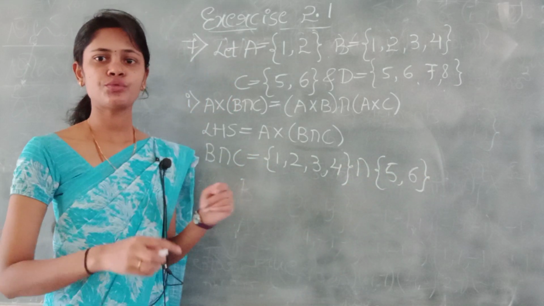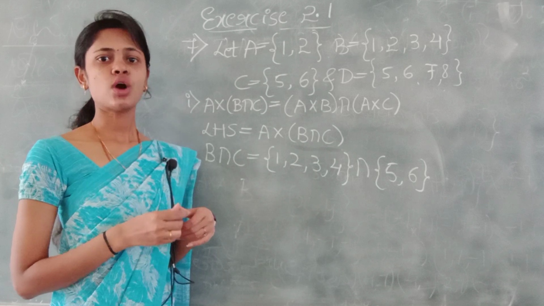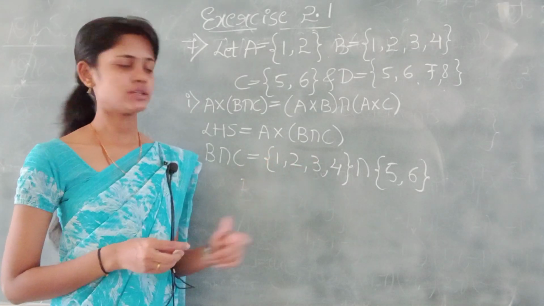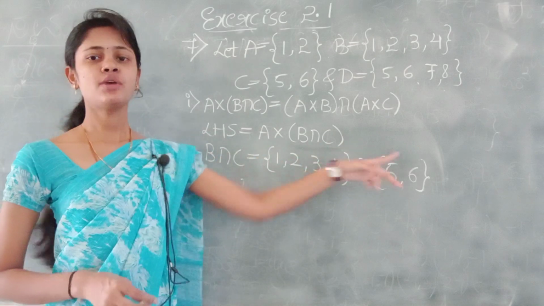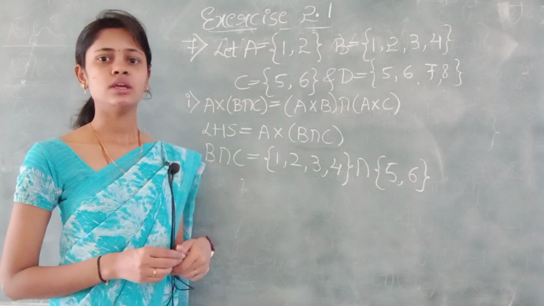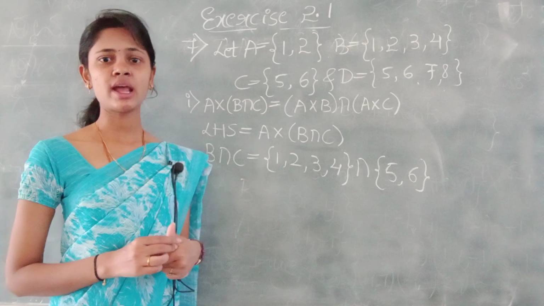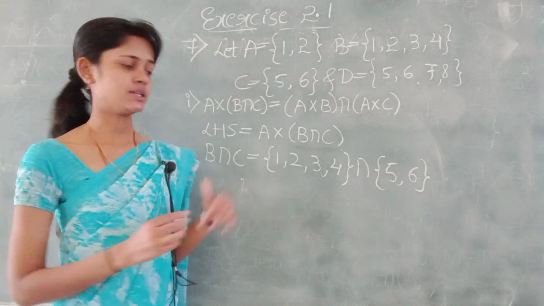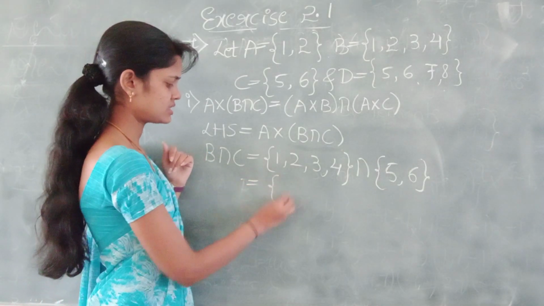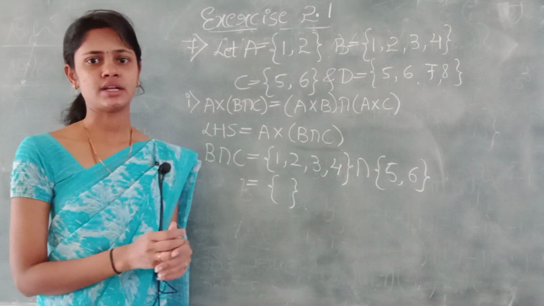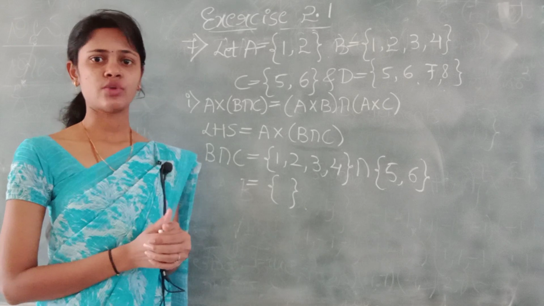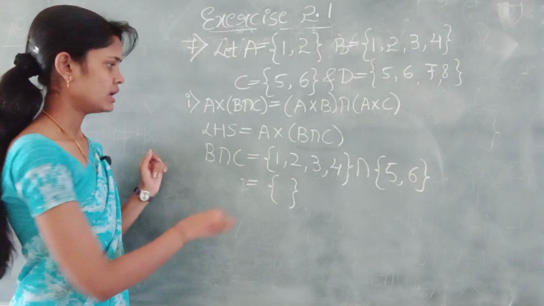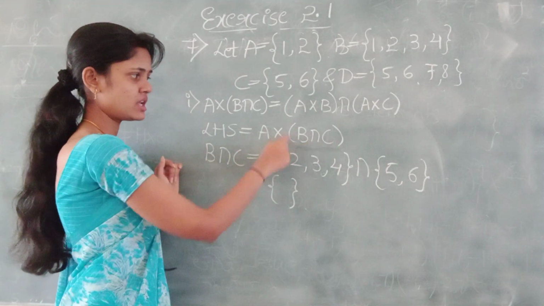The intersection of two sets is the common elements in the two sets. So there are no common elements in these two sets. Therefore B intersection C is the null set, because no elements are common.